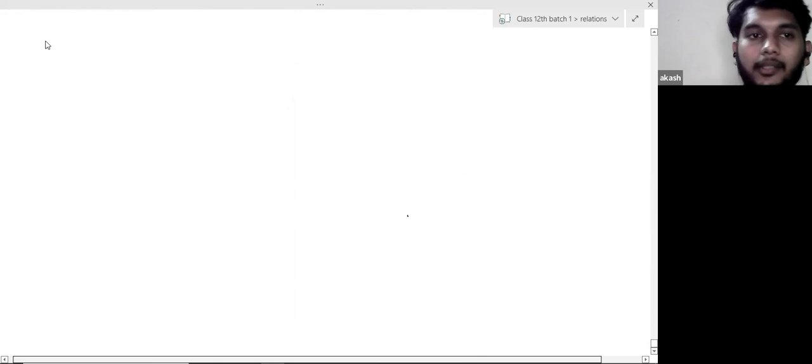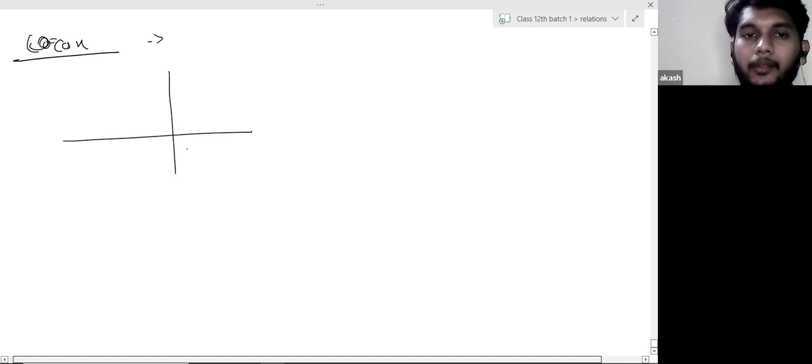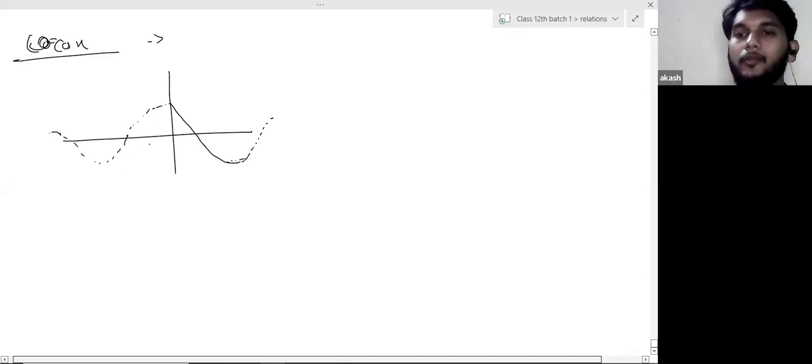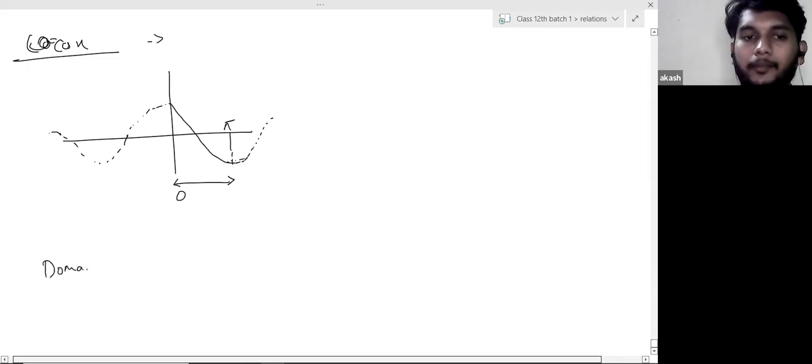All right. Now let's see about cos x. So the graph of cos x is this. Right. So we restrict the domain to 0 to pi. So here this is cos x.